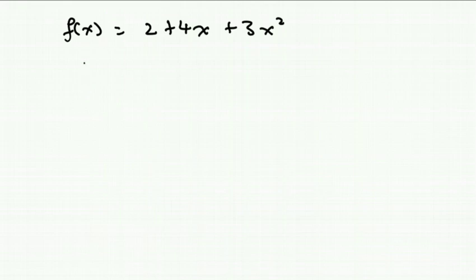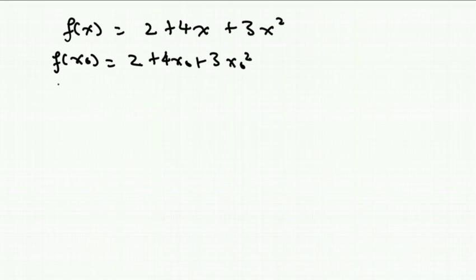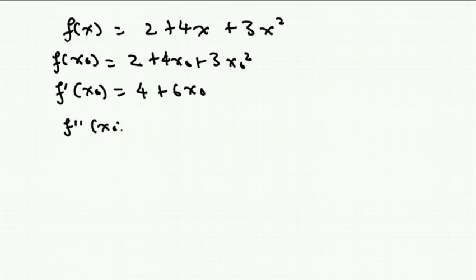If we write it in the form of x naught, f(x naught) equals 2 plus 4x naught plus 3x naught squared, isn't it? If we take the first derivative, it becomes f prime (x naught) equals 4 plus 6x naught, isn't it? If we take the second derivative, it will be 6, isn't it?